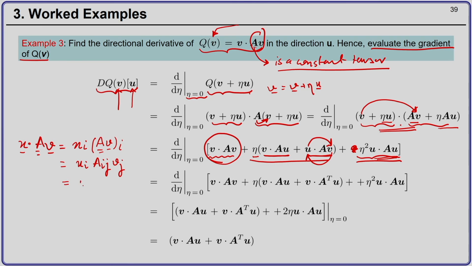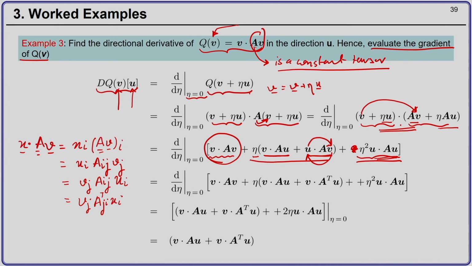This I can write as v_j A_ij u_i, which is v_j (A transpose)_ji u_i.